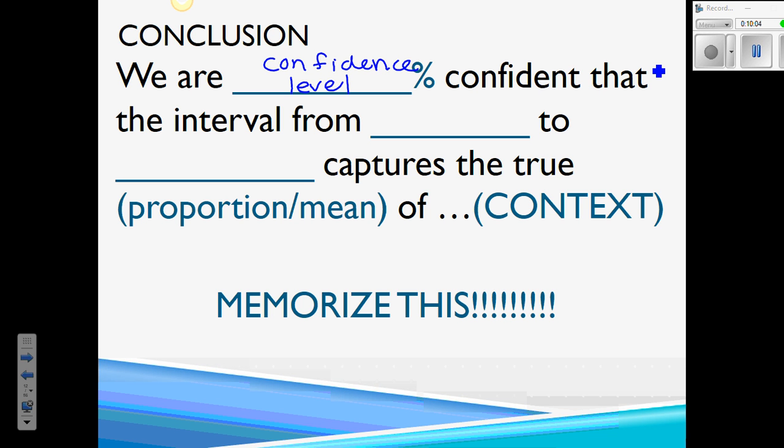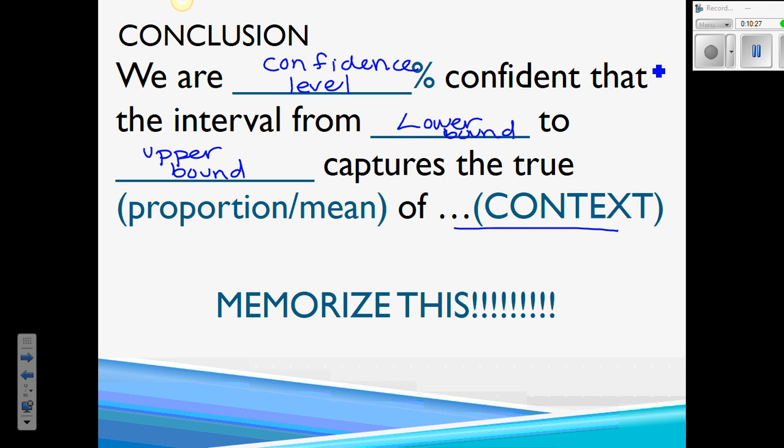So what is a confidence interval? It's when you are this confident that the interval from your lower bound to your upper bound captures the true mean or the true proportion or whatever it is you're estimating in context.